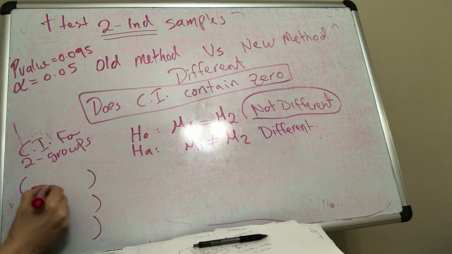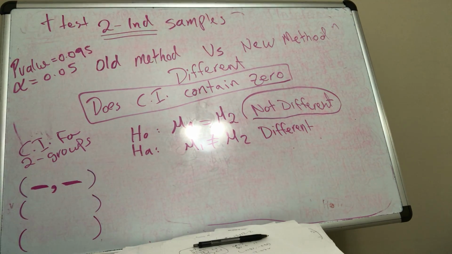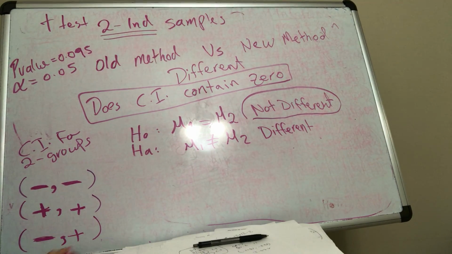It could be that the first number is negative and the second number is negative. It could be that the first number is positive and the second number is positive. It could be that the first number is negative and the second number is positive.